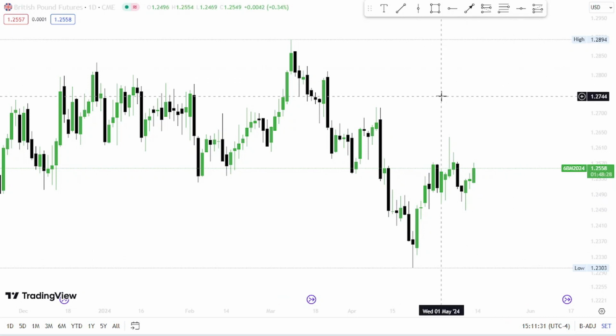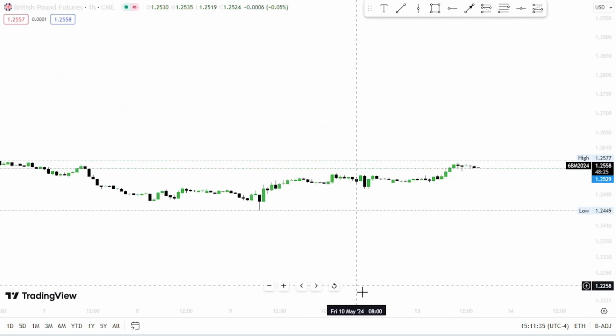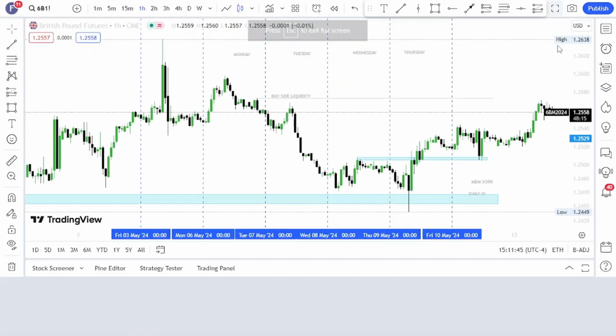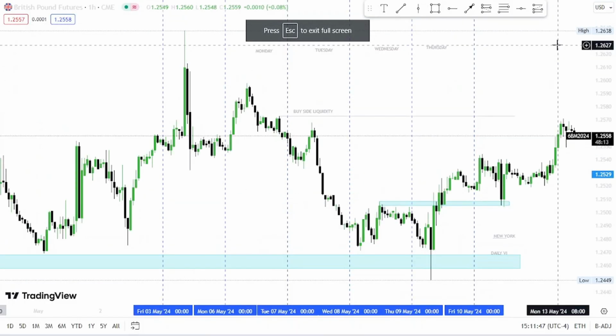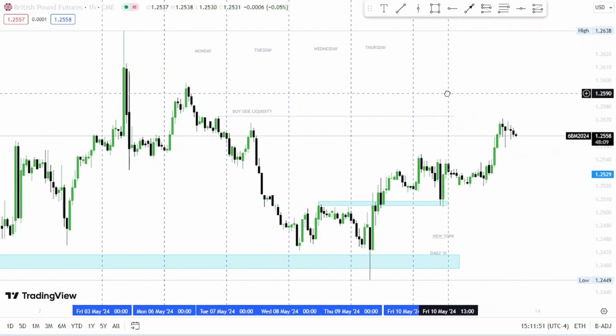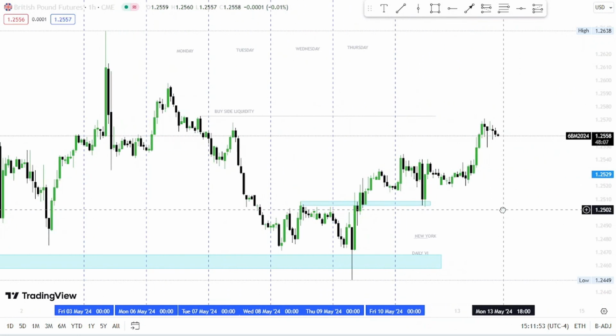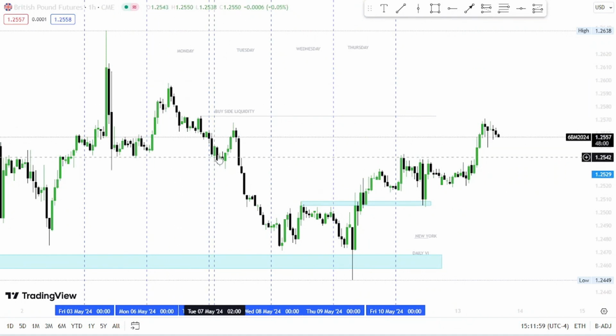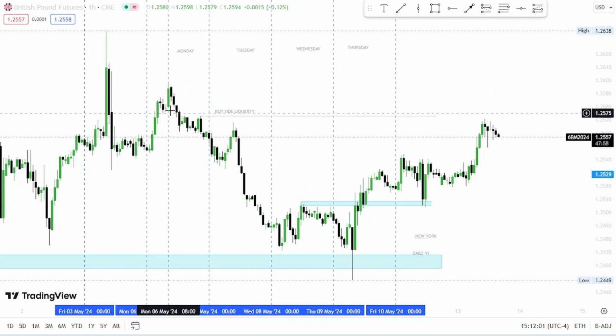Let me go to the 60 minutes and show you guys. So let's look at the weekly profile. On Monday, the market opened, went down, break of market structure.